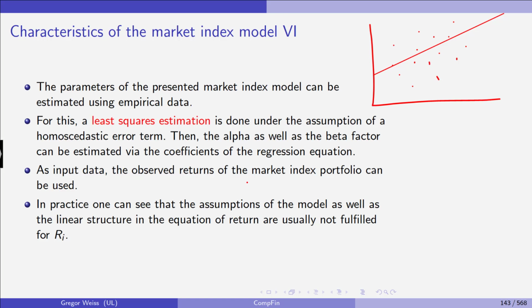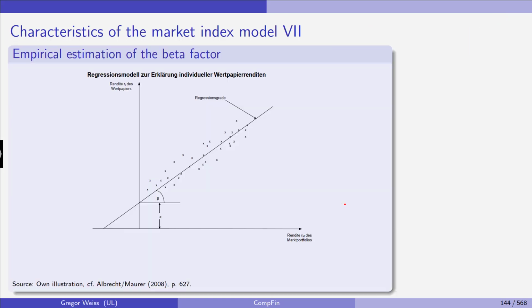As input data, we take the observed returns of the market index portfolio. In practice one sees that this assumption, especially of a linear structure, is often not fulfilled, but in this first idea, we can do this.